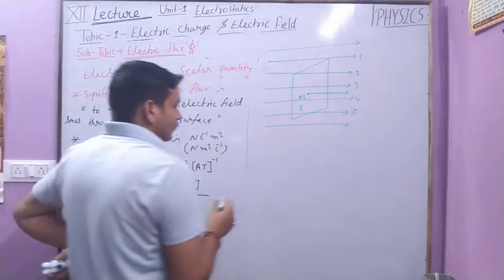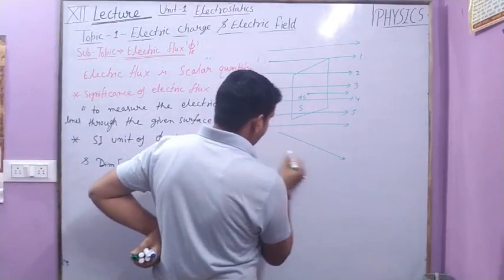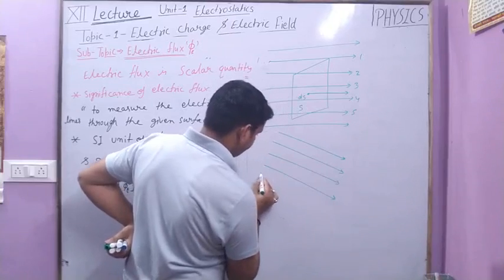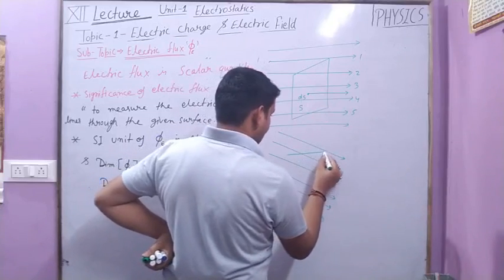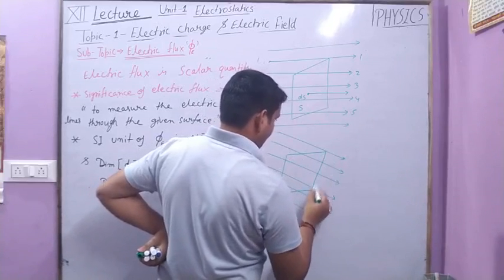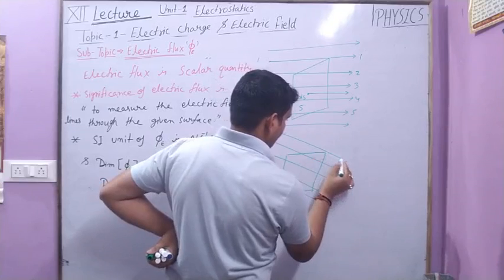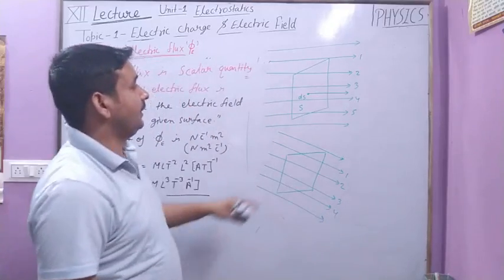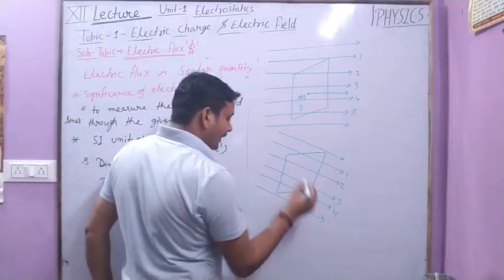And the second situation is when the electric field lines pass through the surface making an angle. Here there are 1, 2, 3 and 4 lines. Initially the 5 lines are linked with the surface, but here only 4 lines are linked with the surface.